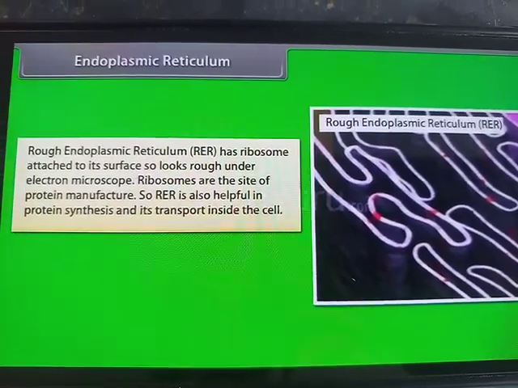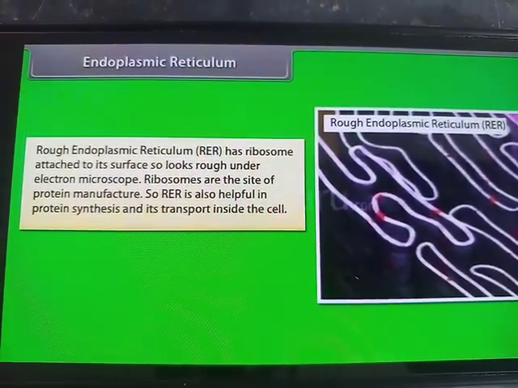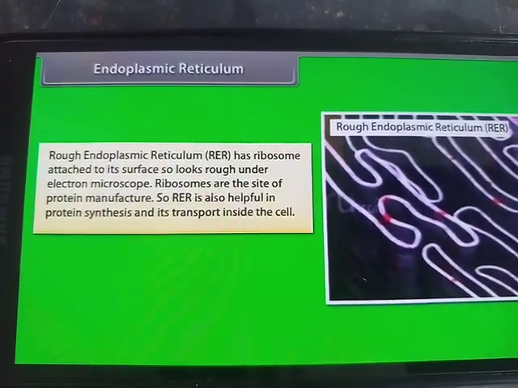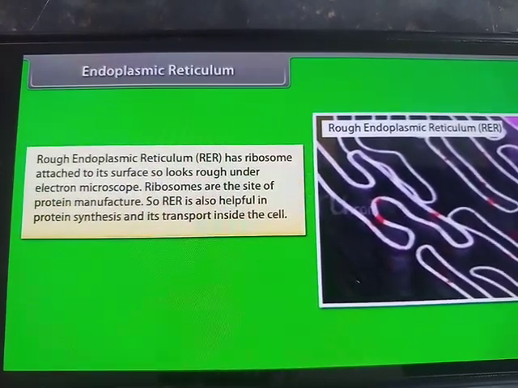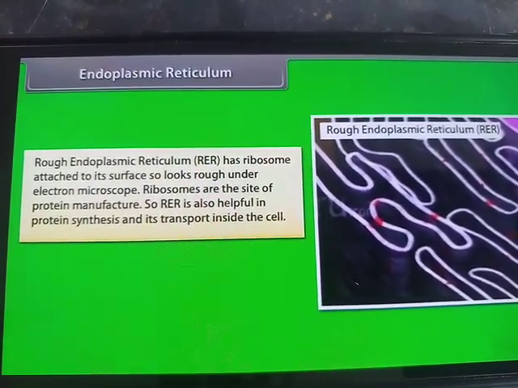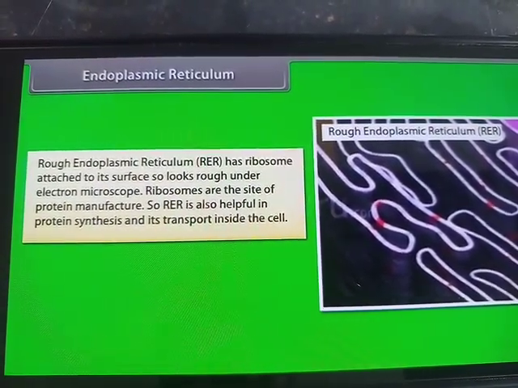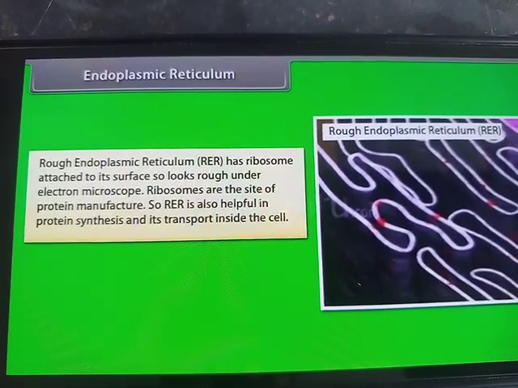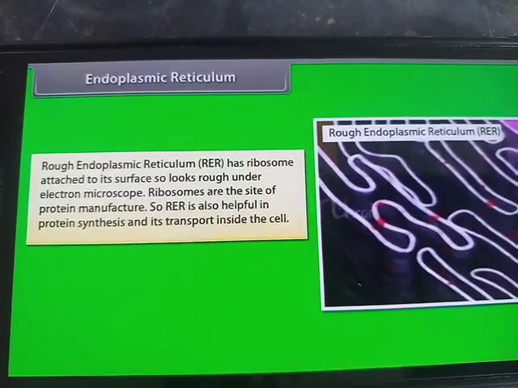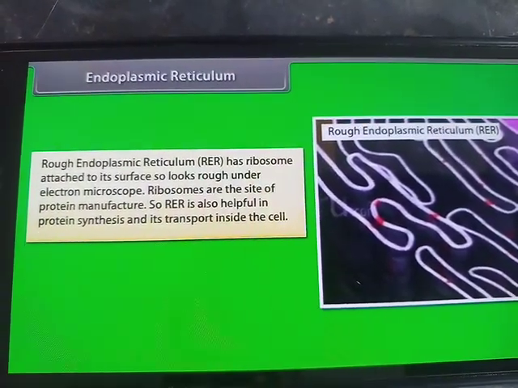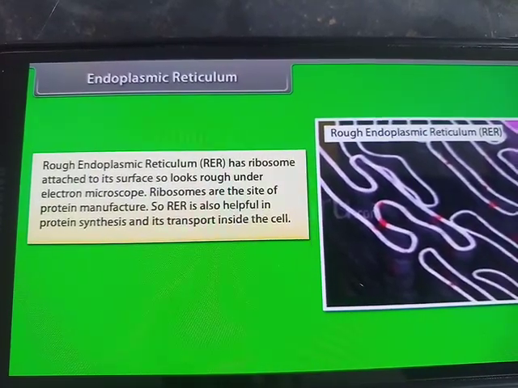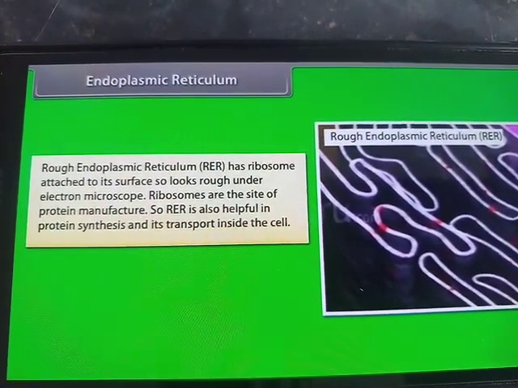As I told you, the endoplasmic reticulum is classified into two: rough endoplasmic reticulum and smooth endoplasmic reticulum. Rough endoplasmic reticulum, RER, has ribosomes attached to its surface, so it looks rough under an electron microscope. Why? Because of the attachment of ribosomes to the endoplasmic reticulum.